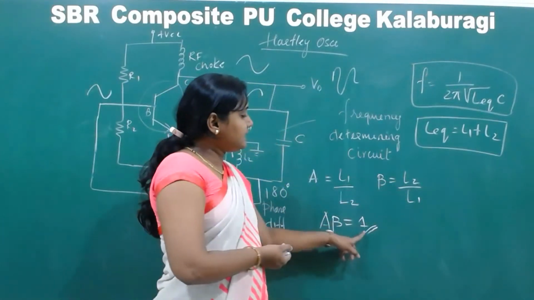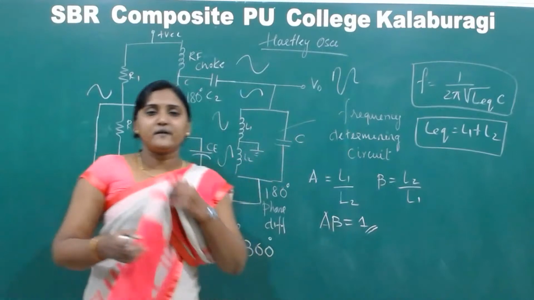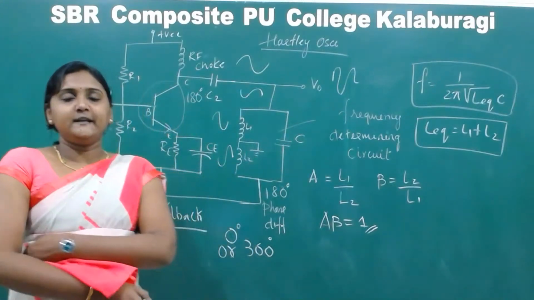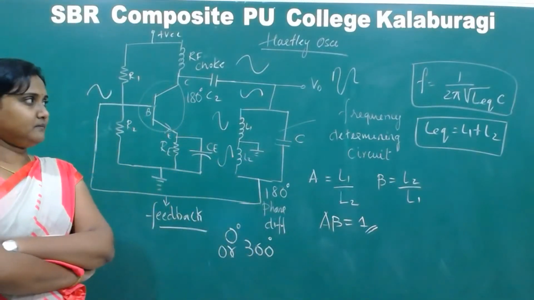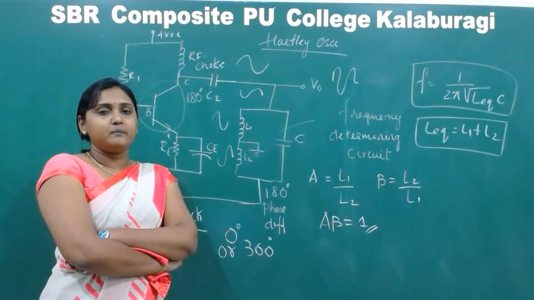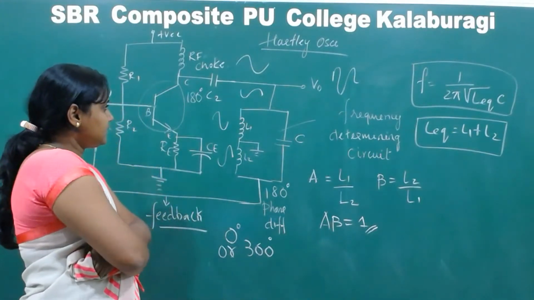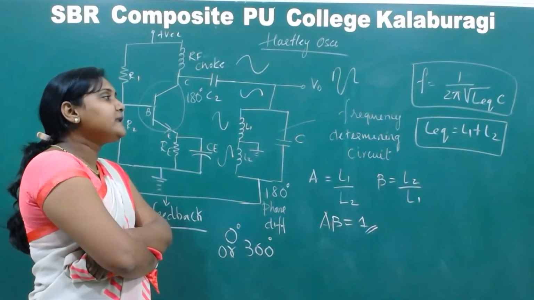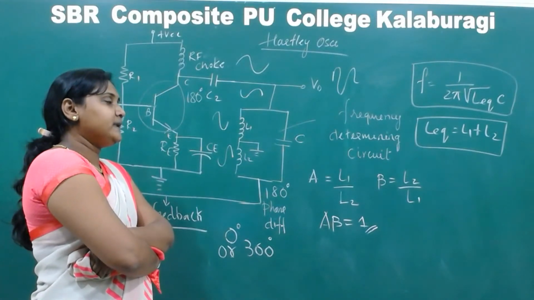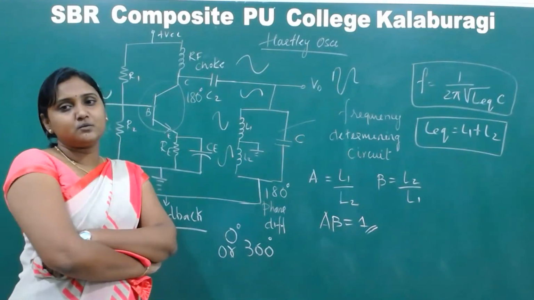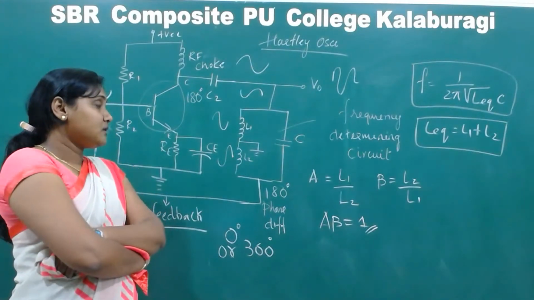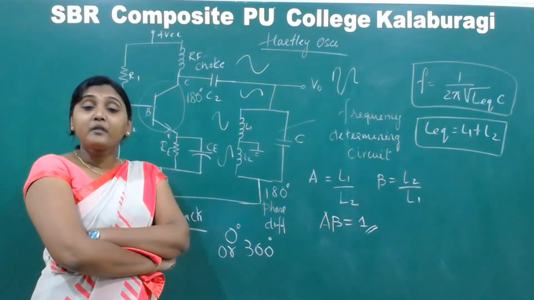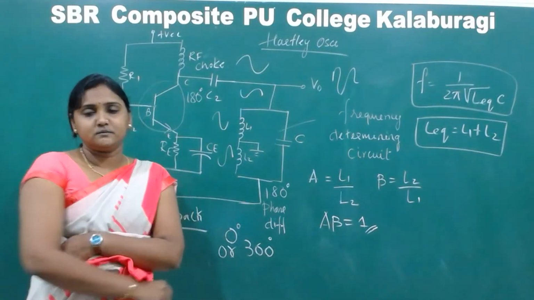So the total loop gain is 1. So this satisfies Barkhausen's second criterion, the second condition for Barkhausen. Here, frequency is determined by 1 by 2 pi under root L equivalent C, where L equivalent is L1 plus L2. Oh, sorry. This is about the Hartley oscillator, right?